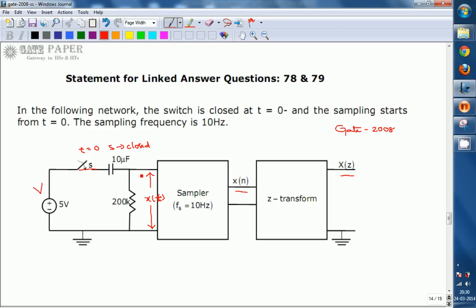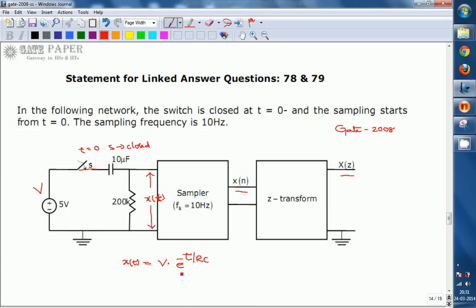Taking the output across the resistor, we have the expression x of t equals V into e power minus t by RC.